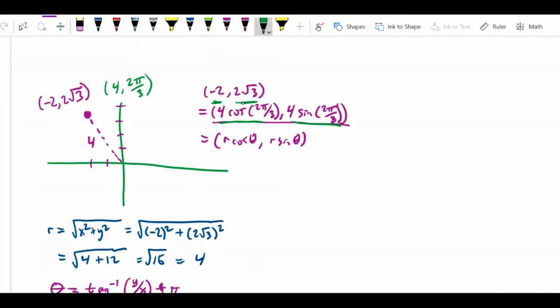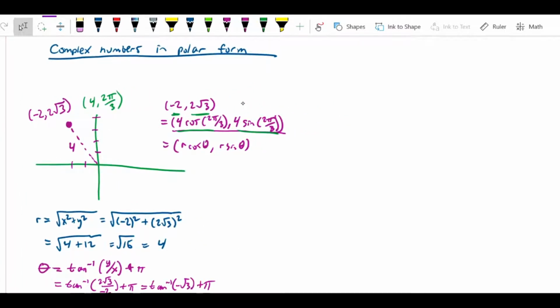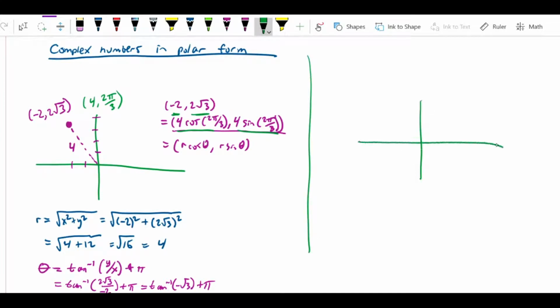Okay, so how does this map onto what we know about complex numbers in the complex plane? Let's do it on this side. Suppose I have the complex number z equals negative 2 plus 2 root 3 i. Of course we would map that to exactly the same point in the complex plane.